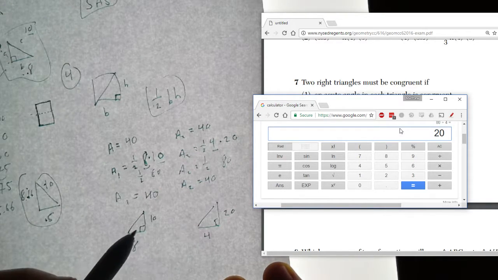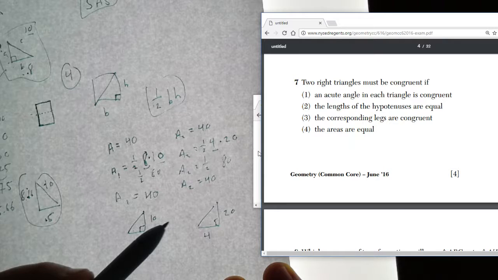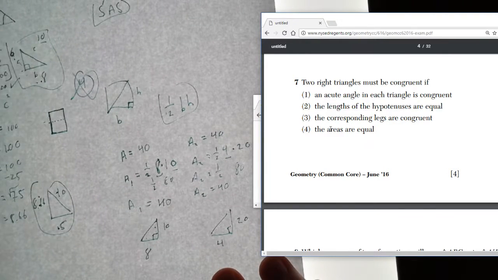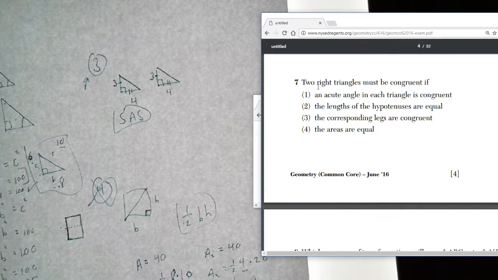Well, here are 2 triangles that each have an area of 40. They're both right triangles, but they're not congruent. So therefore I can say 4 is not my answer, and I can come up to the correct solution: 2 right triangles must be congruent if the corresponding legs are congruent.